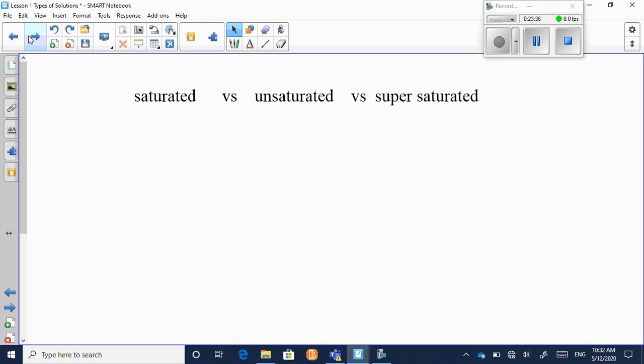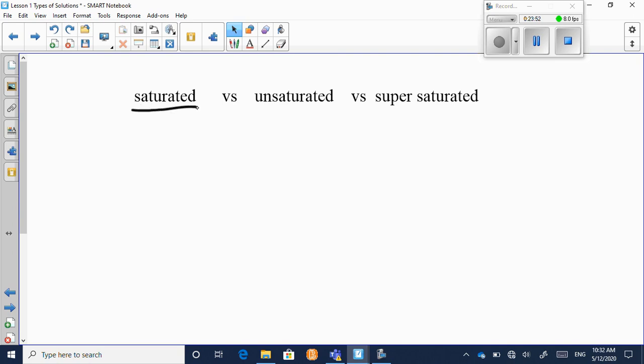We've got these 3 terms that are often used in this unit: saturated versus unsaturated versus supersaturated. I just wanted to distinguish these.